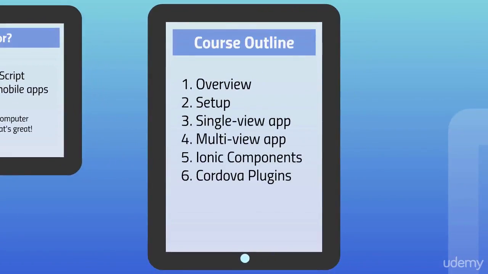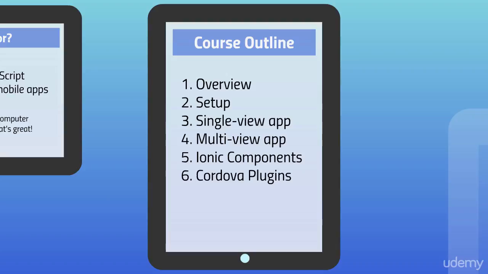There are many great courses out there on that subject. Let's have a quick look at the course structure now. In this first overview section, you'll learn the basic concepts of hybrid apps, Ionic and Apache Cordova, that is the project used by Ionic to build and run your apps as native apps. In the next section, we'll see how to set up all the tools required. Sections 3 and 4 are the central parts of this course, where we will develop 2 complete apps, and by doing that you'll learn all the basics of Ionic development, including using the most common Ionic components, AngularJS controllers and services, and how all the pieces fit together to build a complete app.